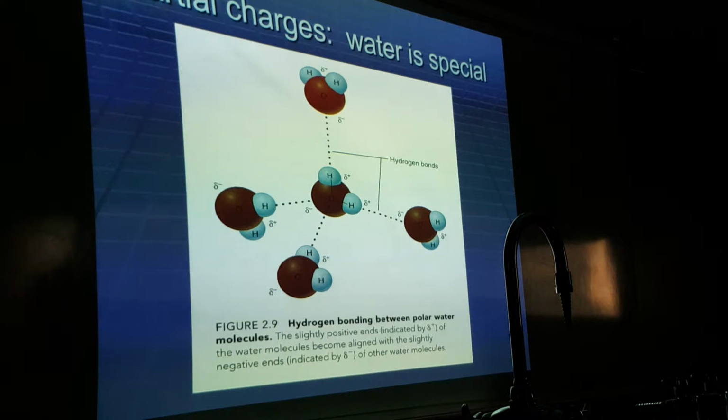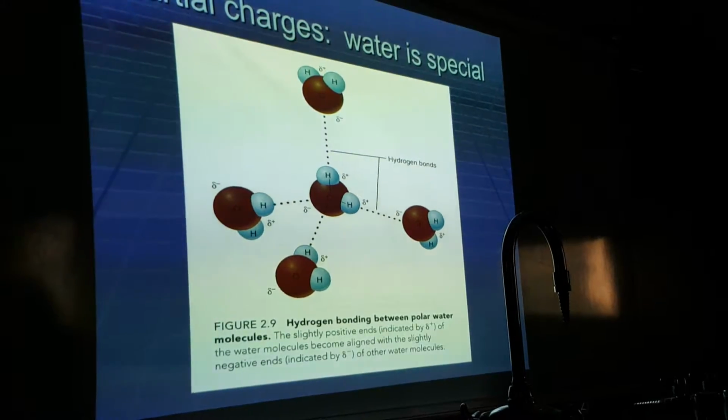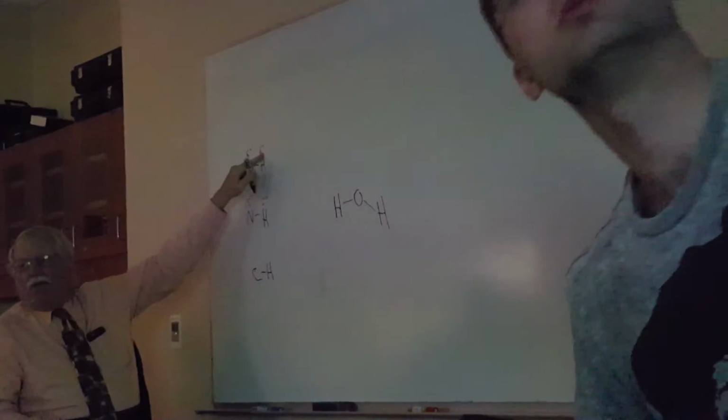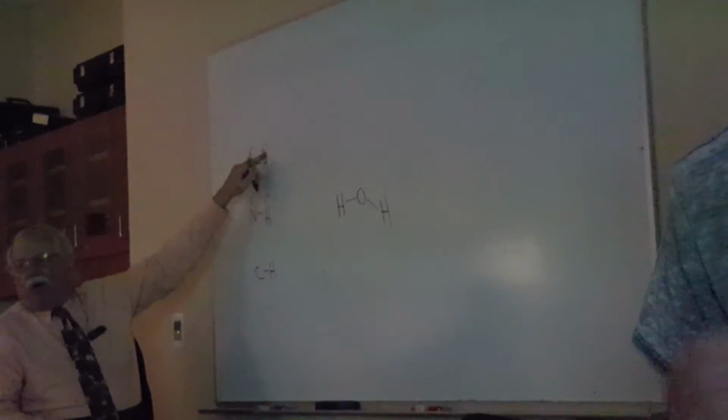It shows water molecules interacting with each other. Okay. And the water molecules could be shown like this. They're bent, and it turns out that anytime you have an OH bond, the oxygen and the hydrogen have a fraction of a charge on them, called a partial charge.